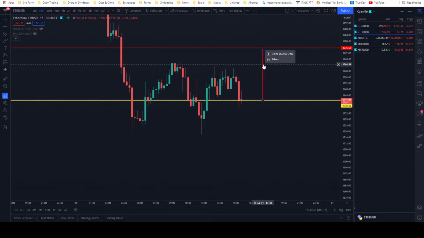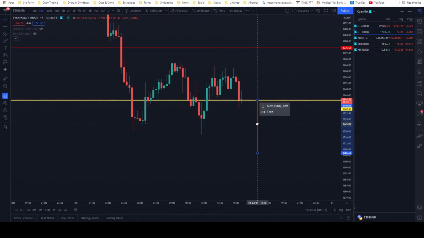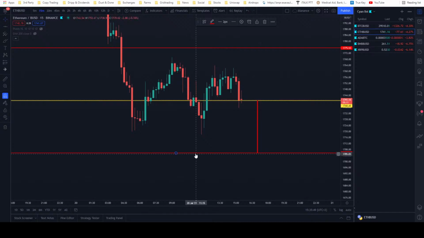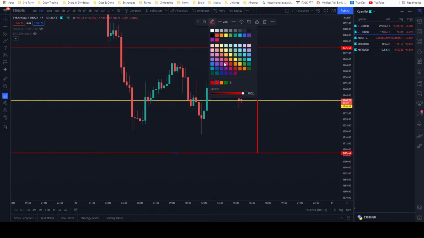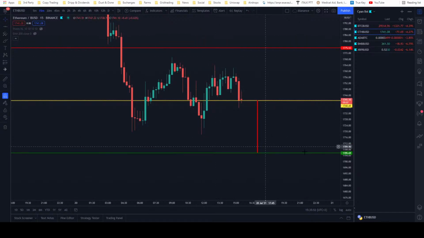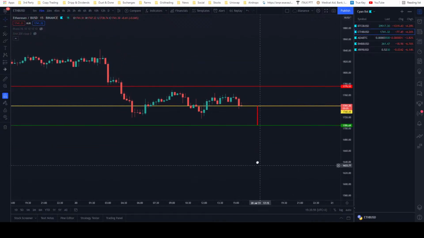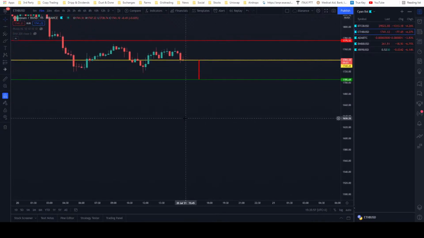Now, from the start, my first limit order is going to be 2% down. There we go. We'll make that green because that's my first limit order. And now I'm going to add limit orders from there. My second limit order will be 5% down.